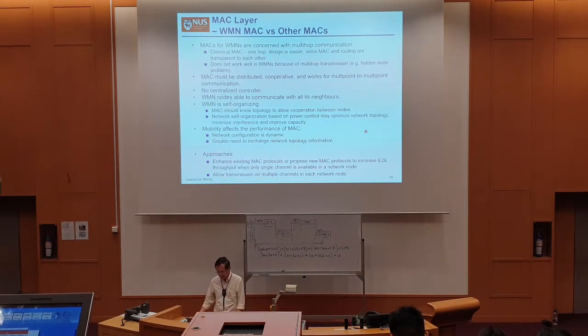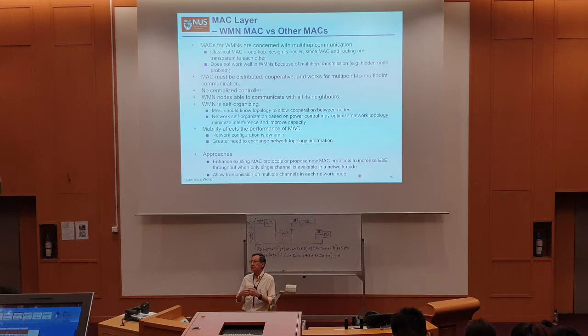So there are various approaches. One is to enhance existing MAC protocols, or the other is to propose new protocols. The other thing that is very popular in terms of consideration is to have multiple channels. In other words, you don't just establish one channel, you have multiple channels.